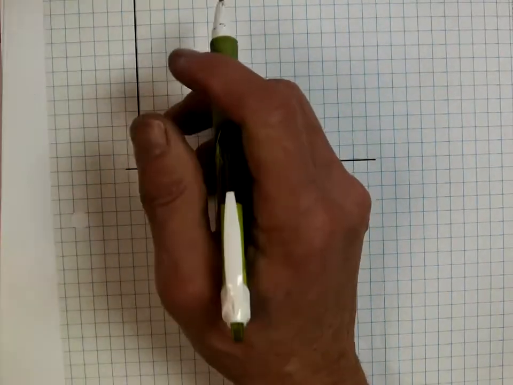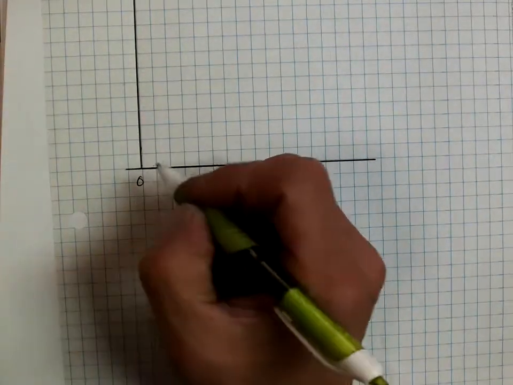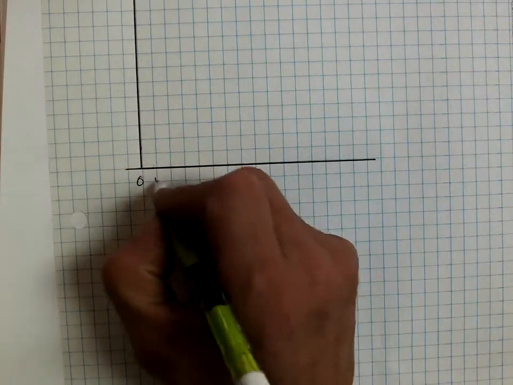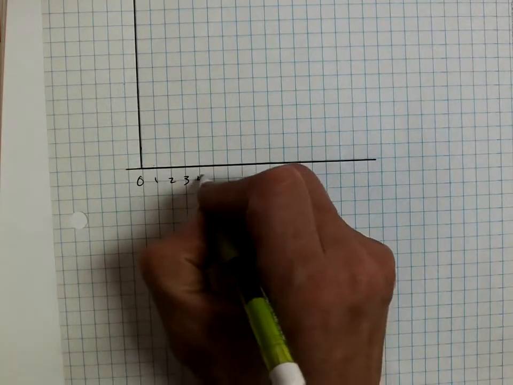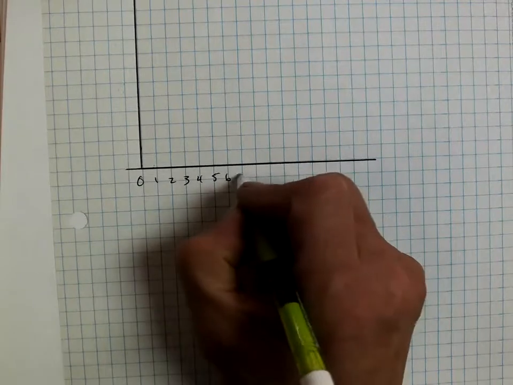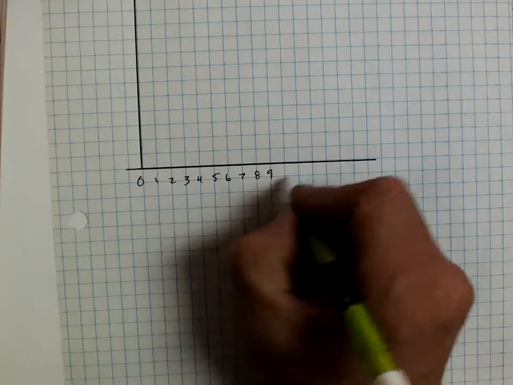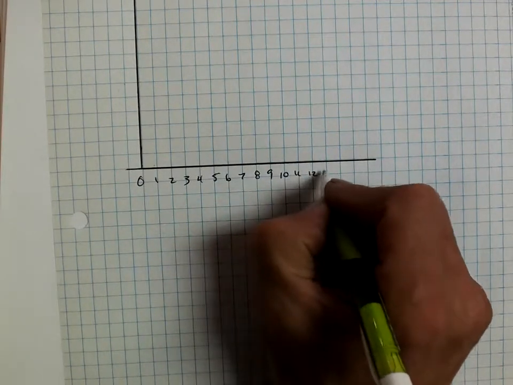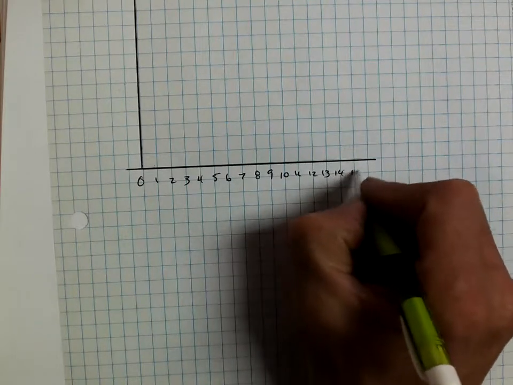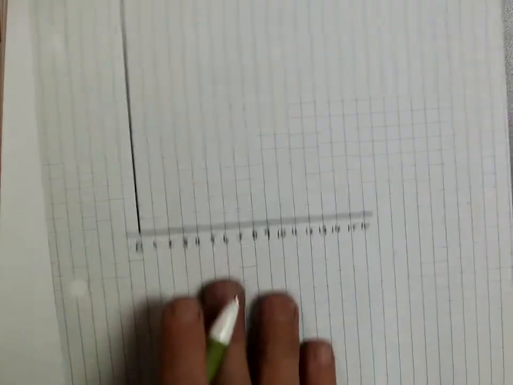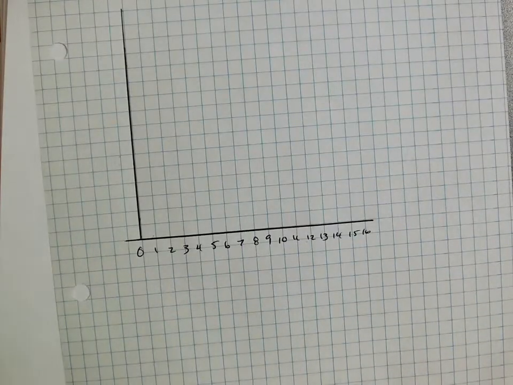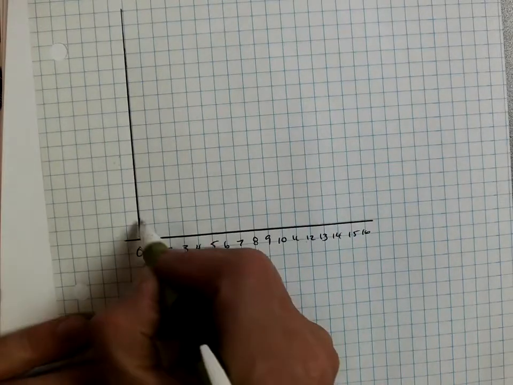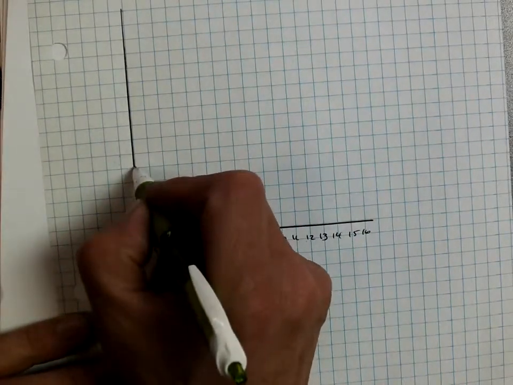Okay. So I've got 0, 1, 2, 3, 4, 5, 6, 7, 8, 9, 10, 11, 12, 14, 15, 16, right? I got to get all the way up to 200, so let's see. 1, 2, 3, 4, 5.